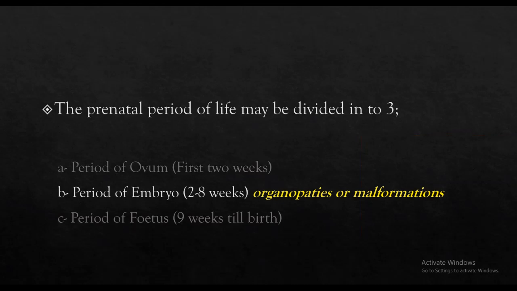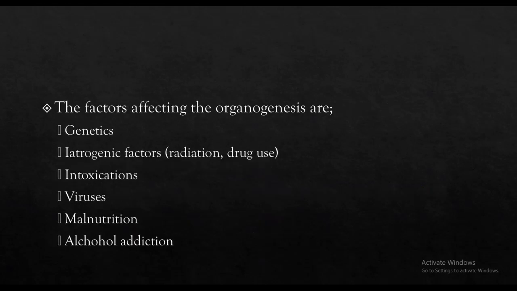Disturbances during the organogenesis phase may lead to irreversible organopathies or malformations, like cleft lip and palate, teeth absence or malformations. The factors affecting organogenesis are genetics, iatrogenic factors, intoxications, viruses, malnutrition, and alcohol addiction.